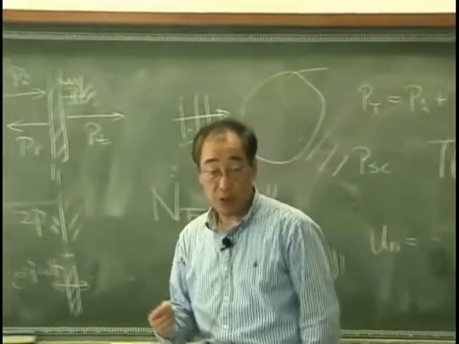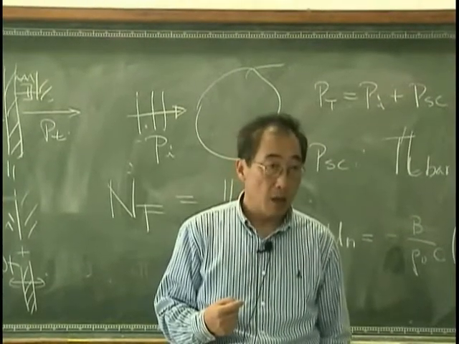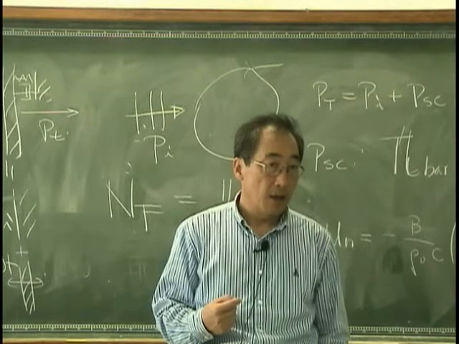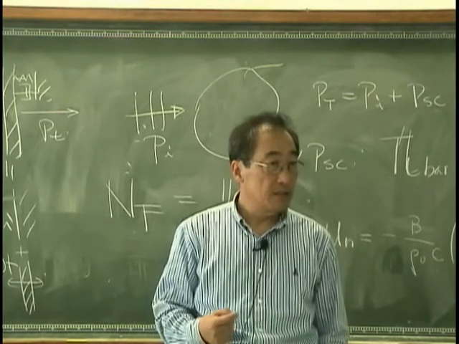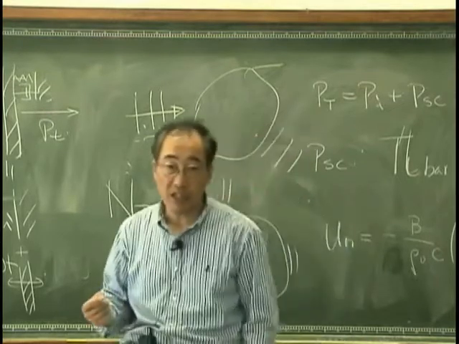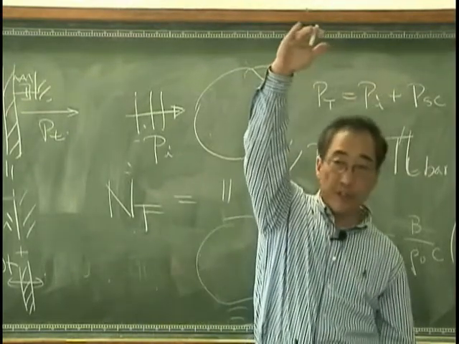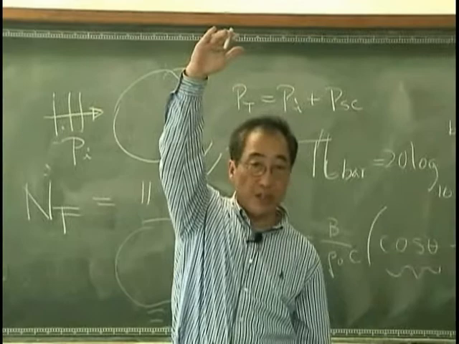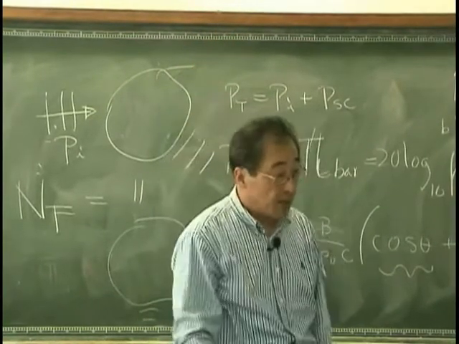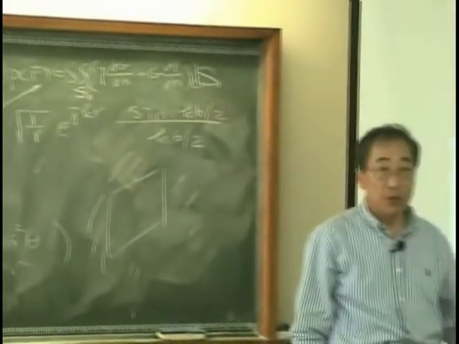When the Fresnel number is small, that means what? Wavelength is large compared with A plus B minus D. That means I have a big barrier. For example, the height of a barrier is like 20 meters, but the wavelength is, for example, more than 5 meters.